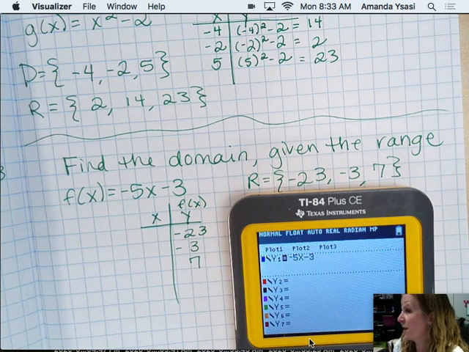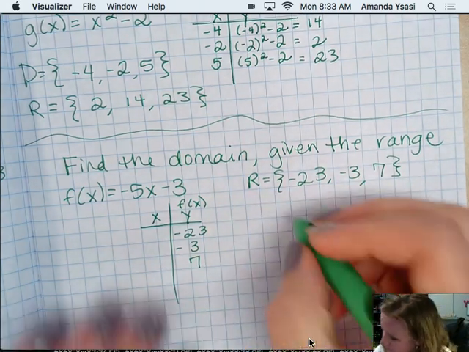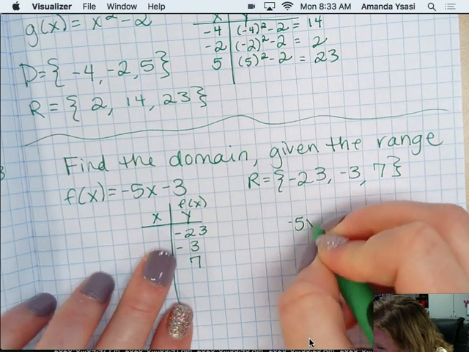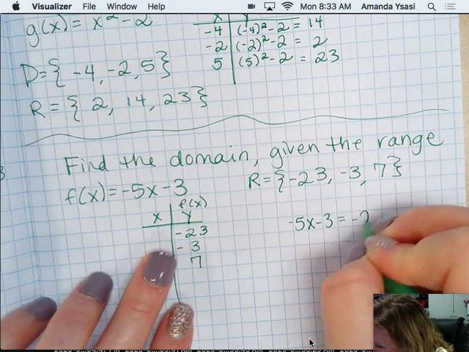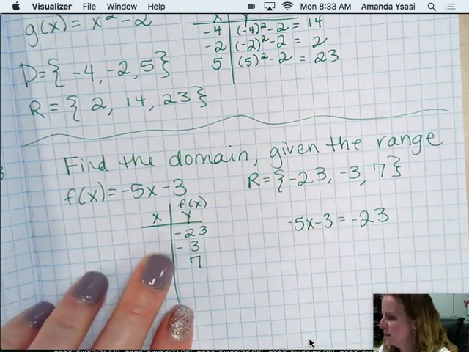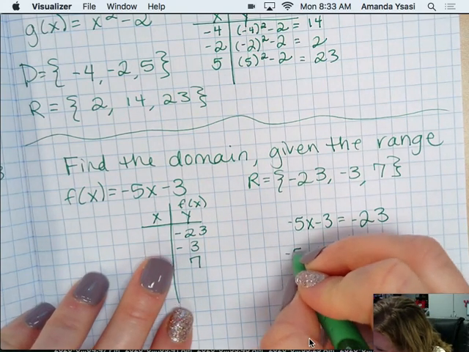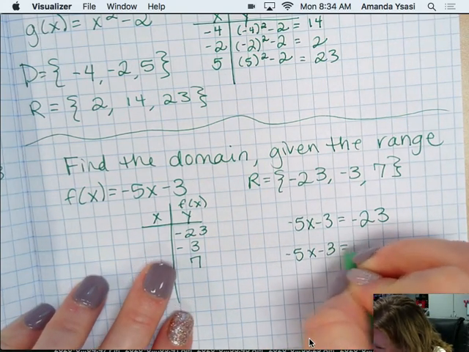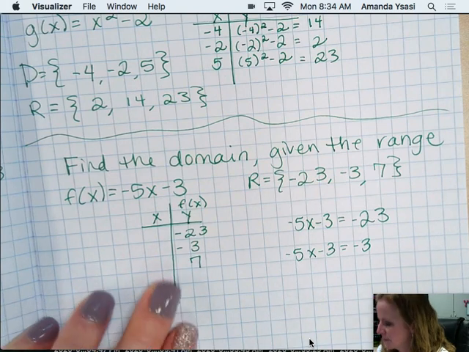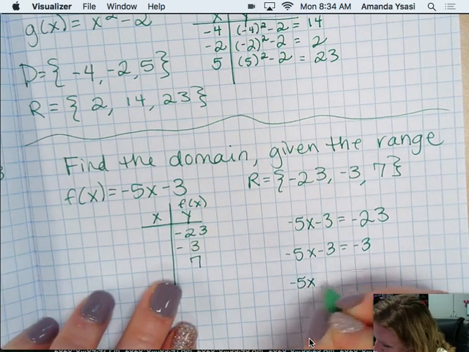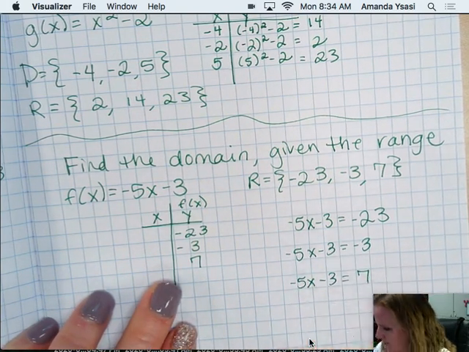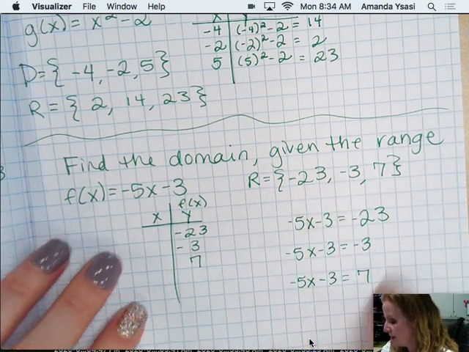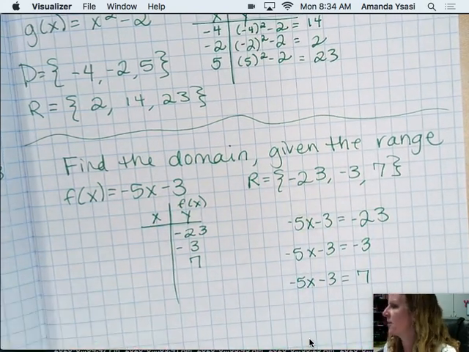You could do it by hand too. Yeah, you do -5x minus 3 equals -23. And then -5x minus 3 equals -3. -5x minus 3 equals 7. And you would solve each one of these to find your x value.